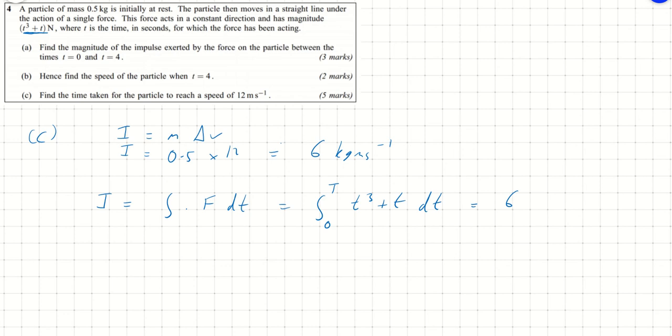Now we just need to solve this to find T. The integral becomes t to the 4 over 4 plus t squared over 2 between 0 and capital T, and that's equal to 6. Now the left-hand side is just T to the 4 over 4 plus capital T squared over 2 minus 0, which is the lower limit, equals 6. And we have to solve this equation to find out what capital T is.